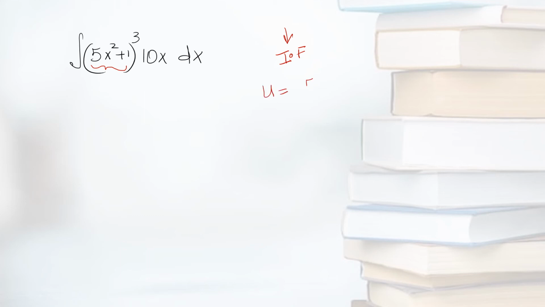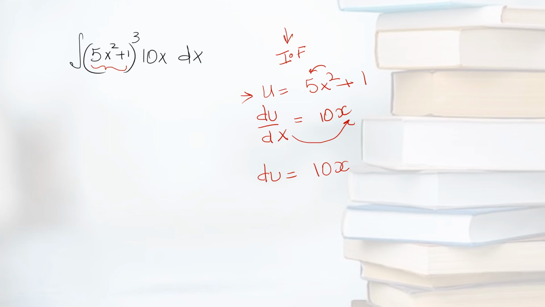So u equals 5x squared plus 1. Take the derivative of the function. So you will write du over dx because you are taking the derivative with respect to x. The derivative is 10x. Bring the dx to the other side. So you will get du equals 10x dx.